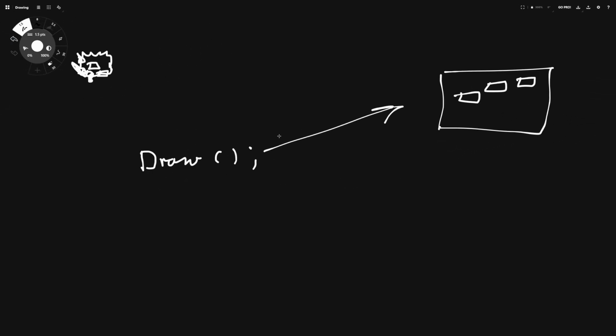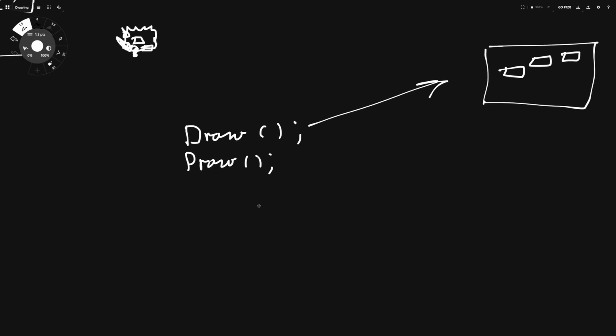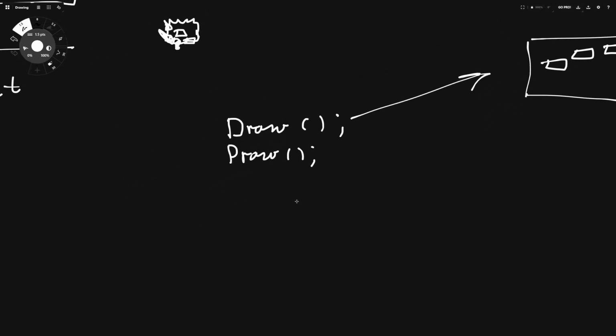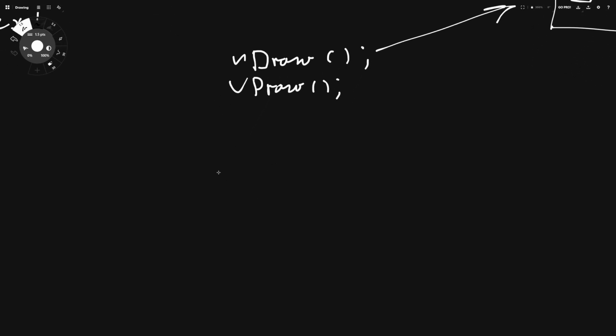If you draw them one by one, calling draw 3 times, it will not be that good. It will be better to store some information about each draw in a buffer and then just draw the entire buffer.